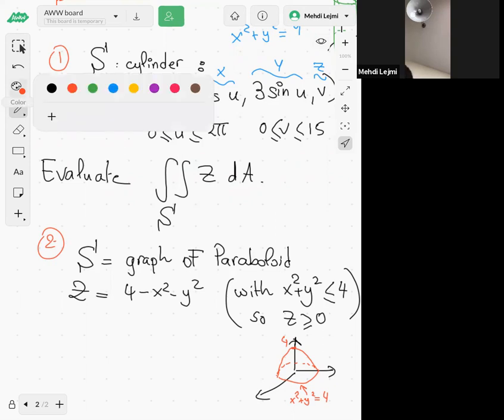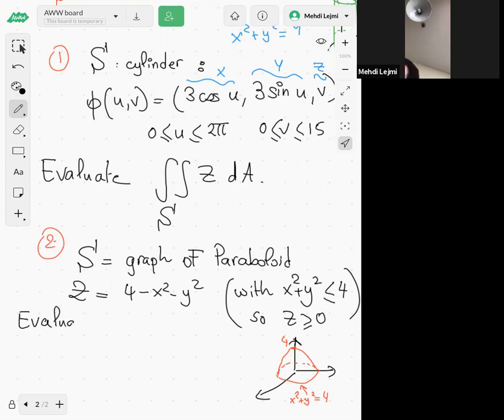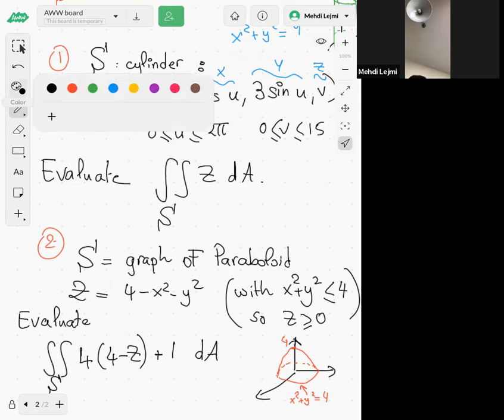And so what you have to evaluate, guys, please try to evaluate the double integral over S of 4 times the quantity 4 minus z, plus 1. Of course, you wonder why I wrote it like this, plus 1.